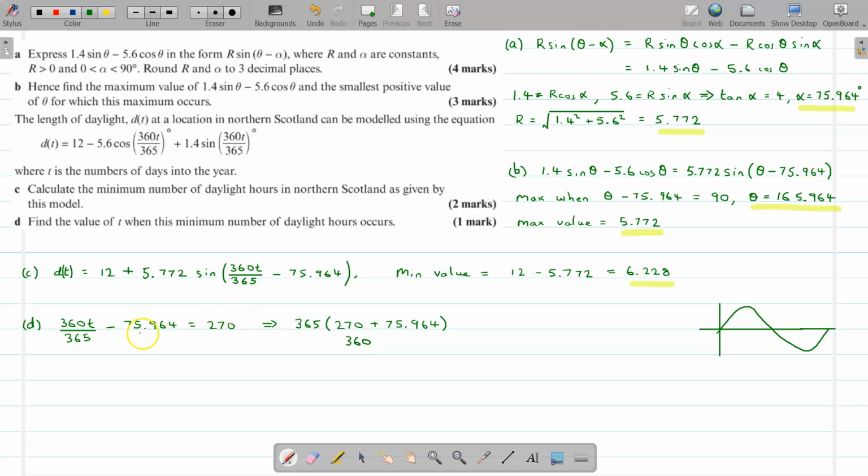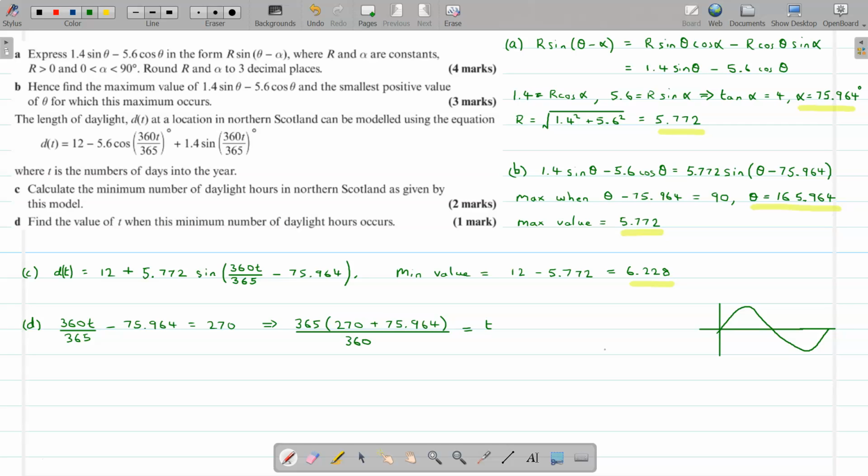So I've just rearranged this equation here, and put that as equal to t.